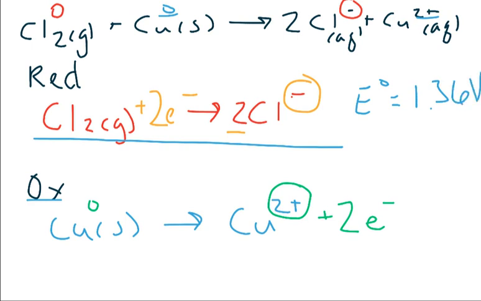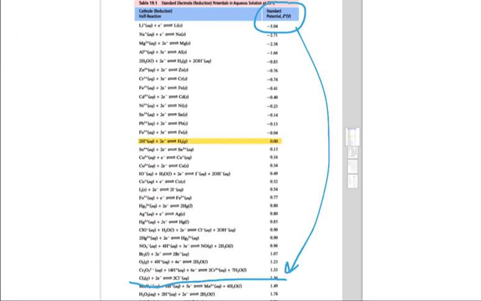Now we can look for the copper one as well. But when we find copper, notice, just as a side note, there's like 3 reactions that have to do with copper, and that's because copper has more than one potential oxidation state, so you have to be very careful and look for the one that has the charges that you're looking for. This copper, right here, copper 2+, going to copper metal.